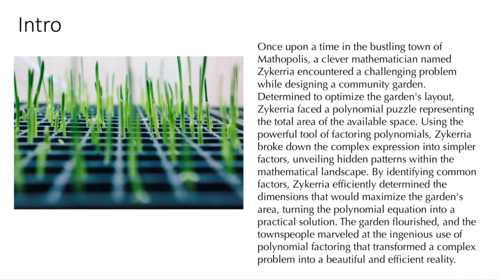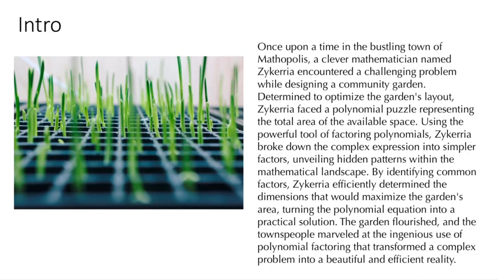Once upon a time in the bustling town of Mathopolis, a clever mathematician named Zakaria encountered a challenging problem while designing a community garden. Determined to optimize the garden's layout, Zakaria faced a polynomial puzzle representing the total area of the available space. Using the powerful tool of factoring polynomials, Zakaria broke down the complex expression into simpler factors, unveiling hidden patterns within the mathematical landscape.